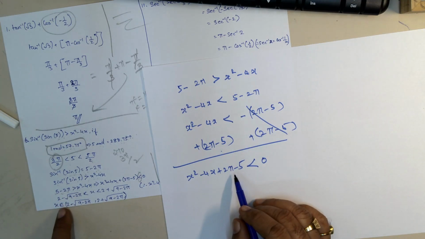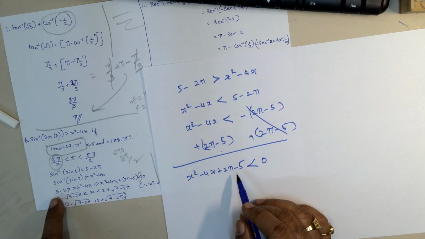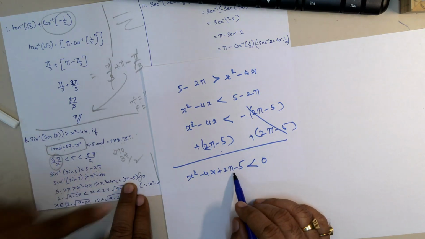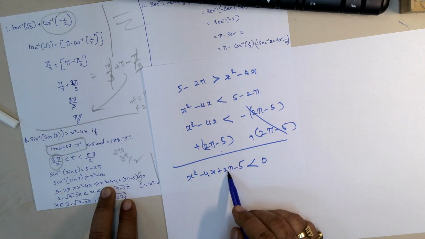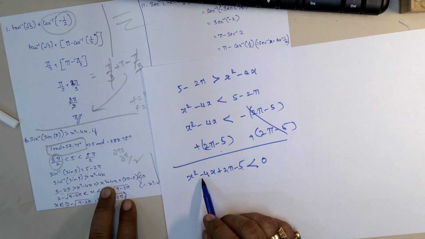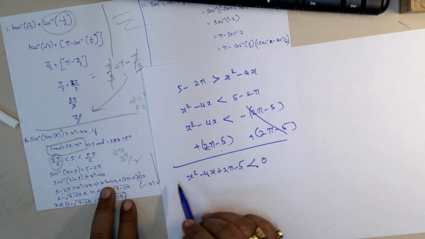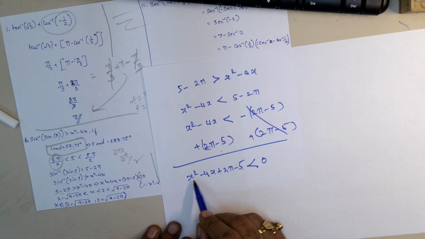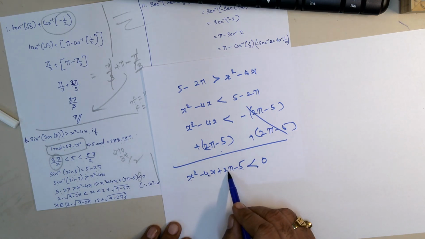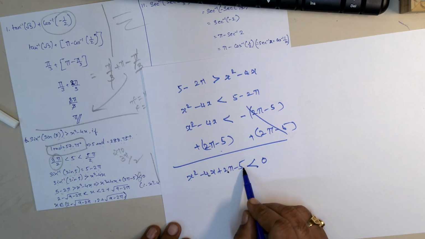Now, see, we have simply changed it here. x squared minus 4x plus 2 pi minus 5 less than 0. Are you able to understand this? How it has changed? Is it clear? Right. Now x squared minus 4x plus 2 pi and then minus 5.